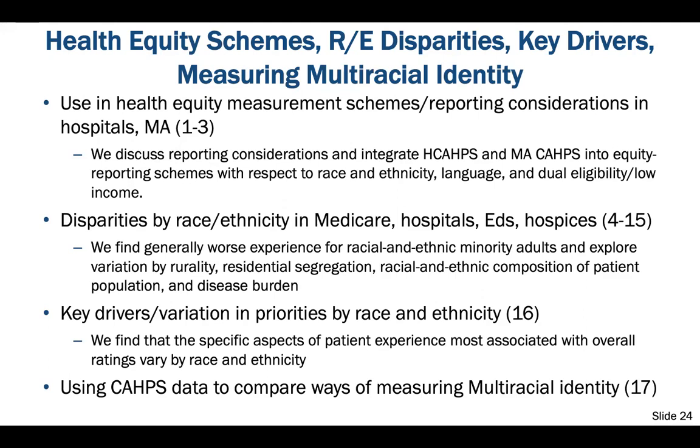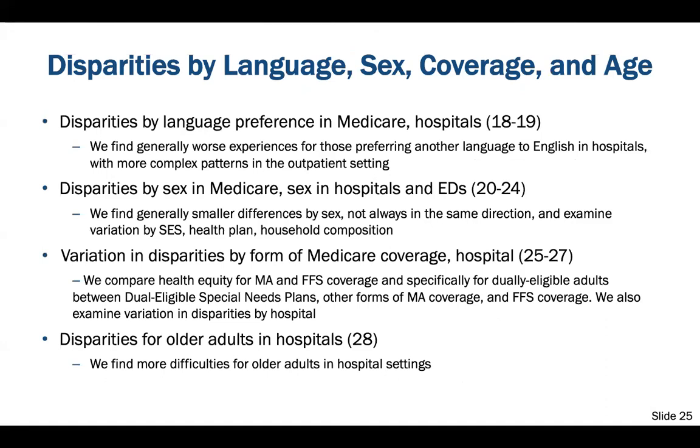Next slide, please. There's been some work looking at differences by language preference, often finding that a preferred language other than English is associated with worse care within racial and ethnic groups, perhaps because of insufficient availability of staff who speak a patient's preferred language.